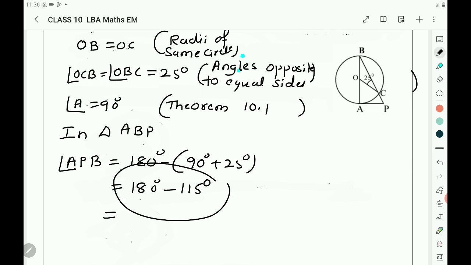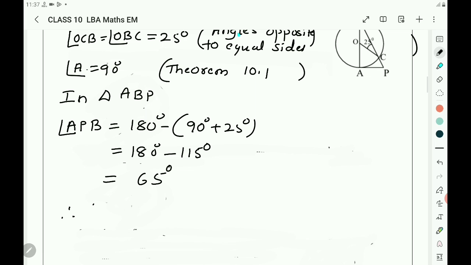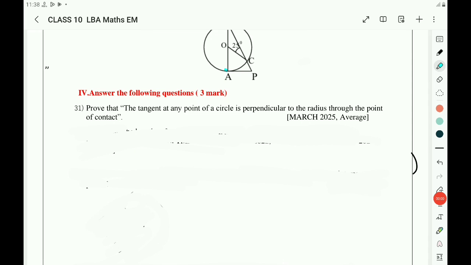Then 180 minus 115: 10 minus 5 is 5, and 7 minus 1 is 6, 1 minus 1 is 0. So I got 65 degrees. Then what is the measure of angle APB? Angle APB is equal to 65 degrees.